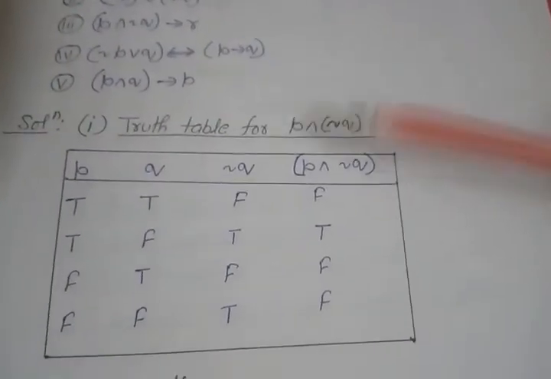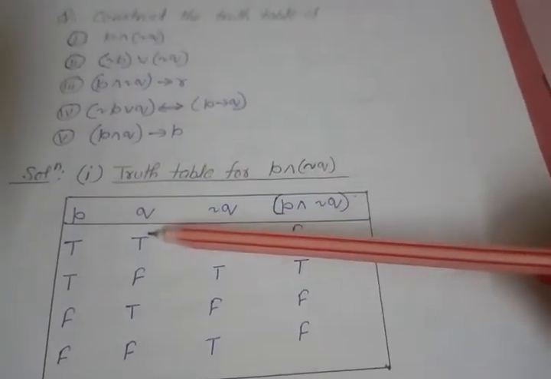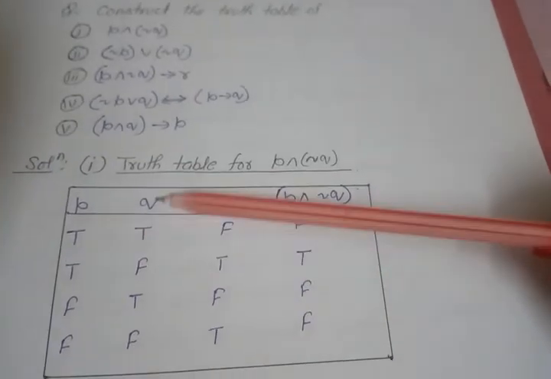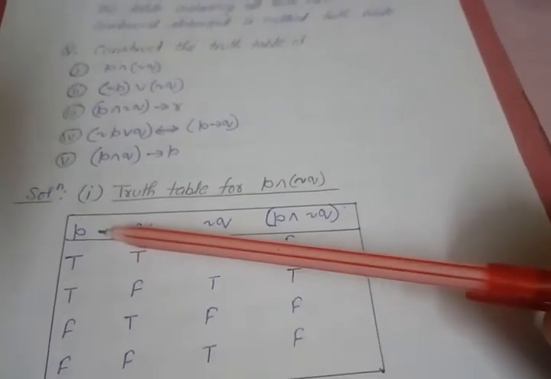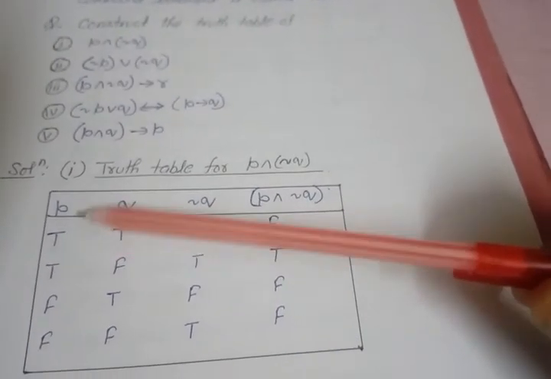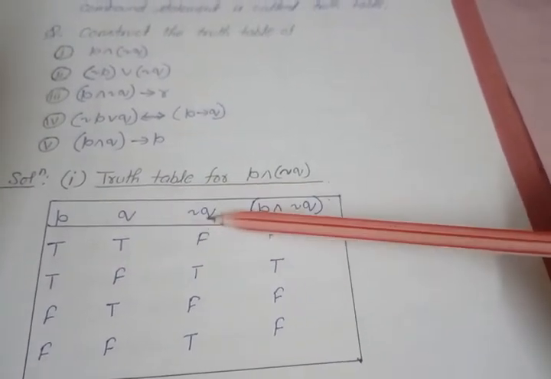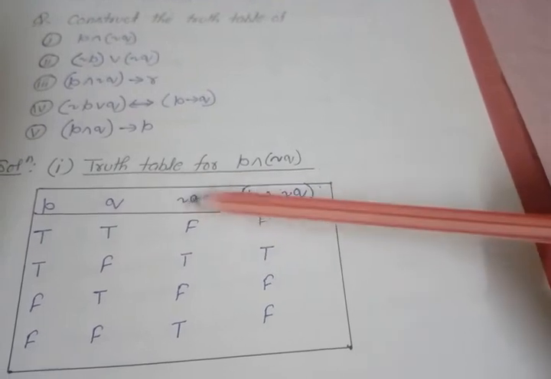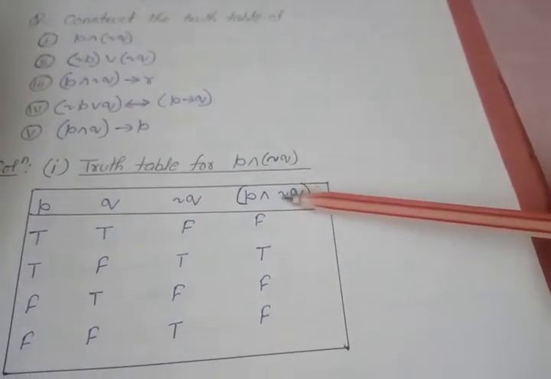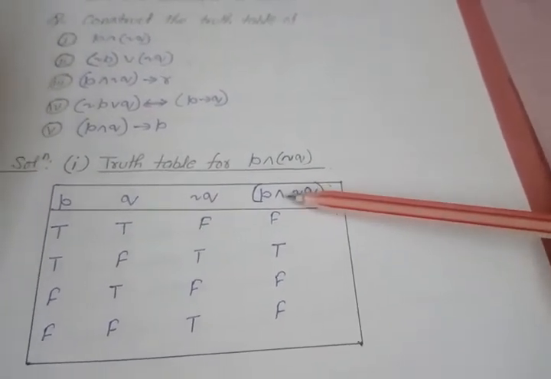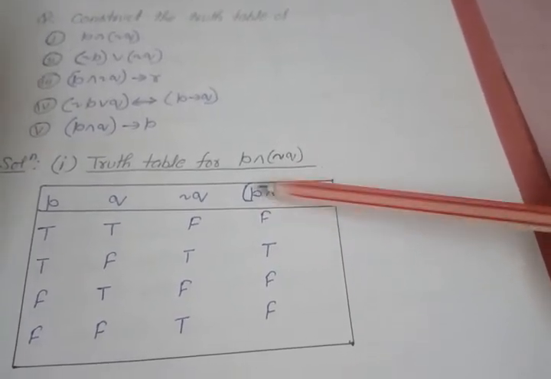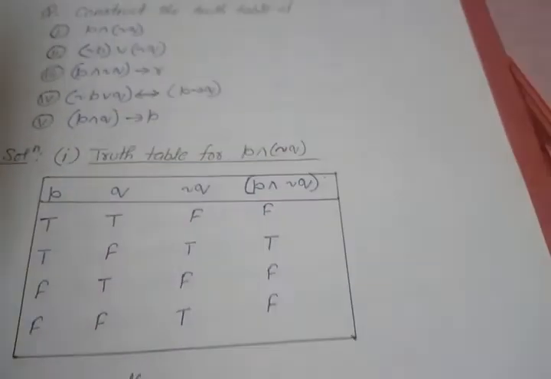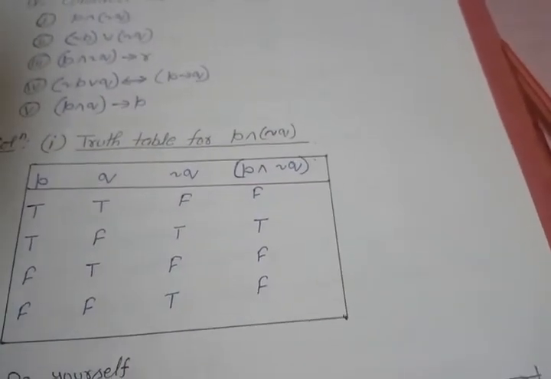Here I have constructed the table. Since we have used only two propositions, the number of possible cases will be 4. We have made values for P, then Q, then negation of Q, and then we have combined P and negation of Q with the connective AND. As we know, the composite value of P conjunction negation of Q will be true if both P and negation of Q are true.